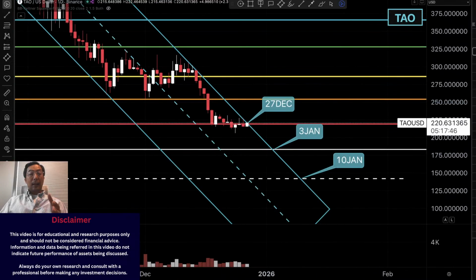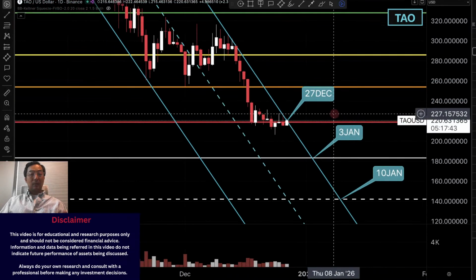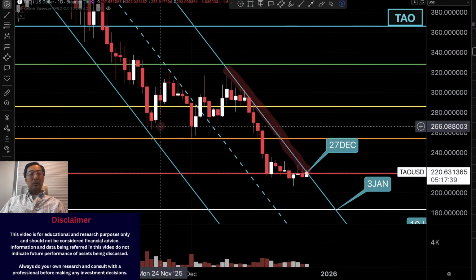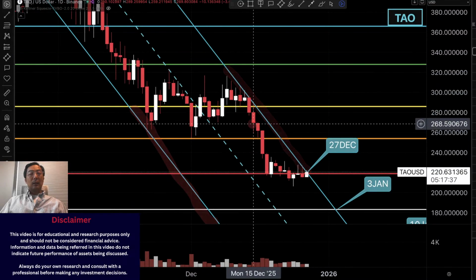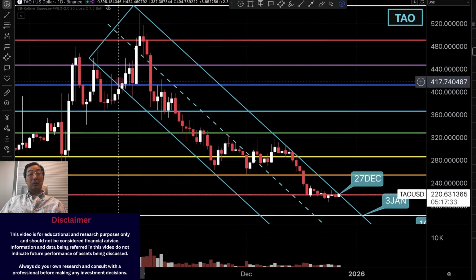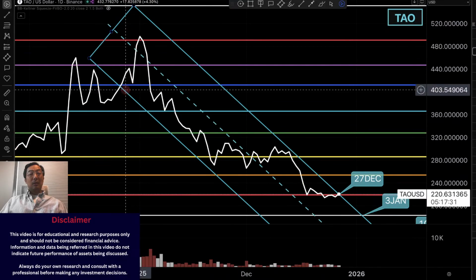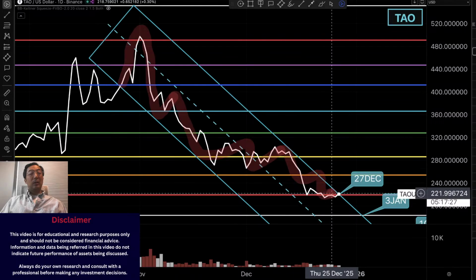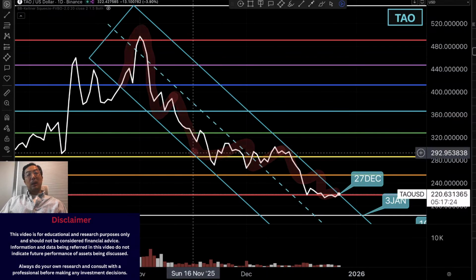These are the tags that I have marked, these dates within this downward channel. These two light blue lines are the boundaries of the downward channel. I call it the air hockey table. If you imagine a puck bouncing between the edges of the air hockey table, that's the path it travels.